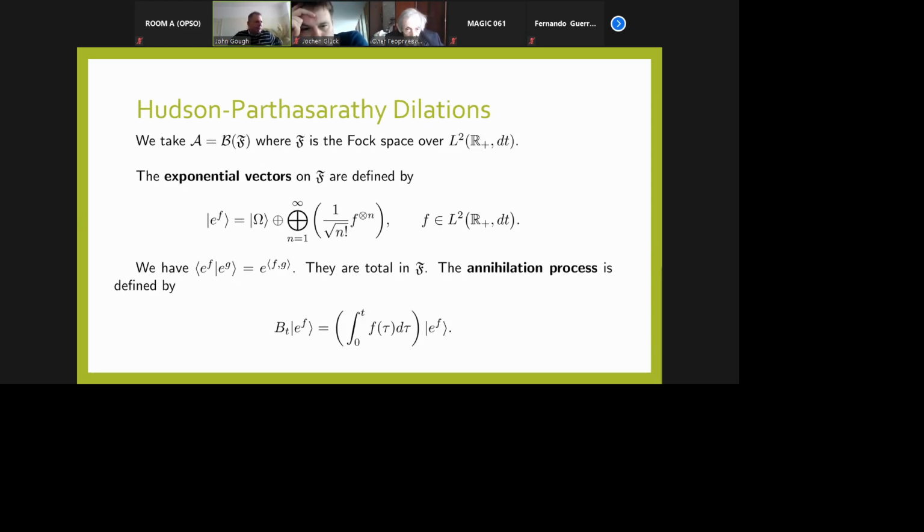So this brings us to a more general situation presented by Hudson and Parthasarathy. We've had a number of talks today on this.